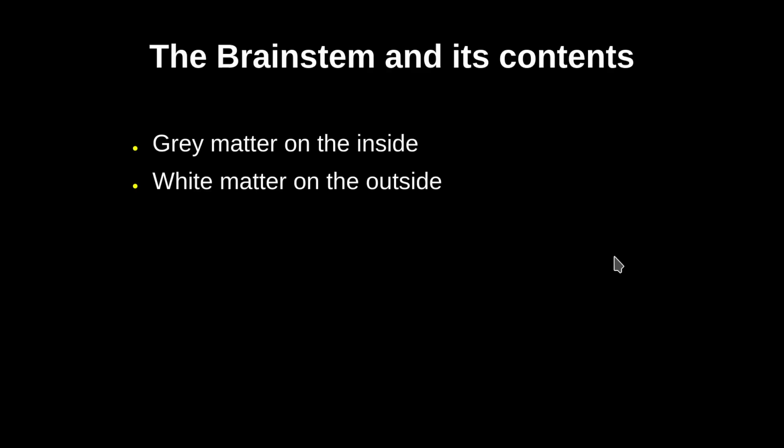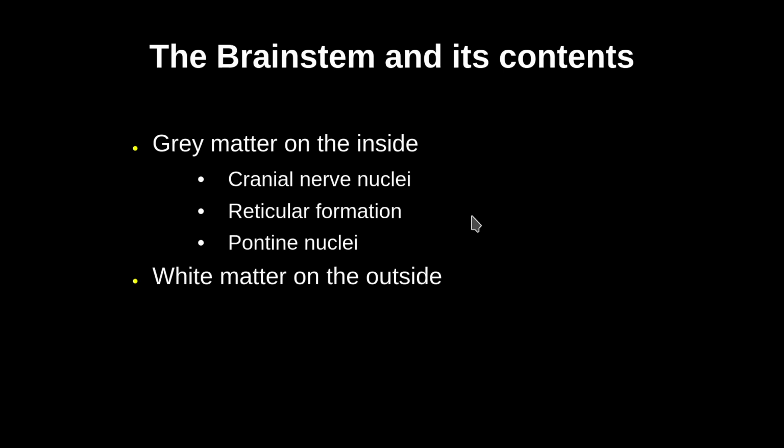Okay. The thing about the brainstem, in opposite to the cerebral hemispheres, is that the gray matter is now on the inside, while most of the white matter is on the outside. It makes it a lot more difficult to see on unstained brainstem specimens. What's on the inside are the nuclei that I mentioned earlier that control those 12, or the 10, cranial nerves that we were talking about.